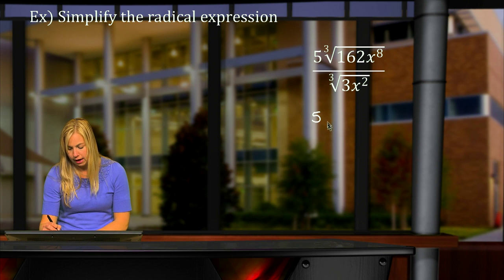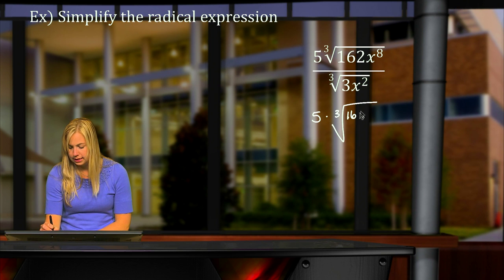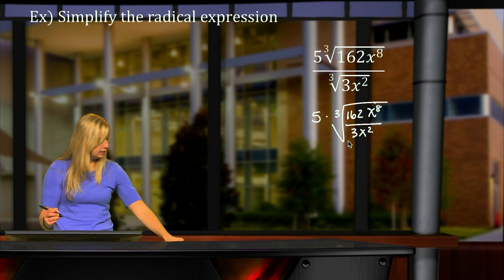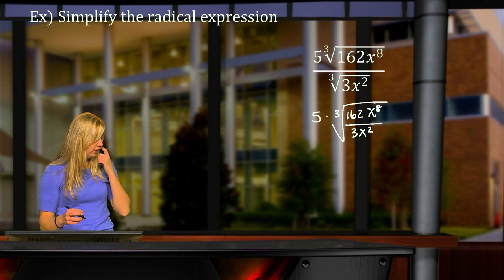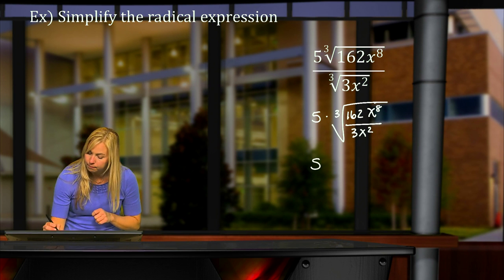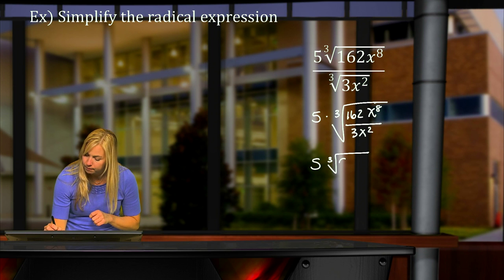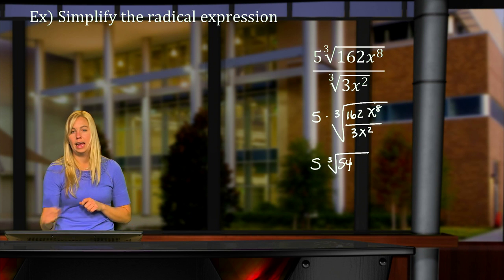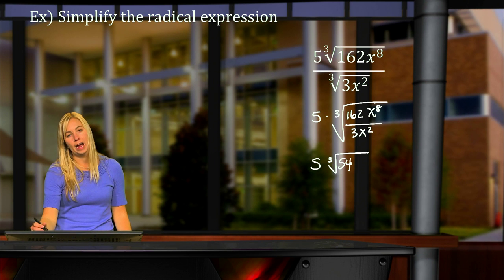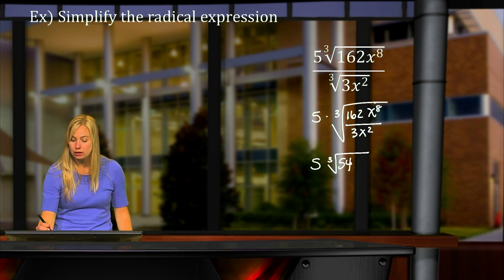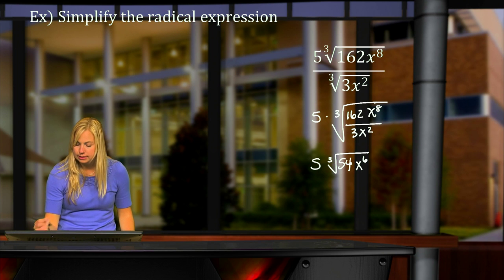So we have 5 times the cube root of 162x to the 8th divided by 3x squared. 162 divided by 3, you guys can do that on your calculator, is 54. And x to the 8th divided by x squared. If you've reviewed your rules of exponents, when you're dividing like this, we actually subtract our exponents. So this is x to the 6th.